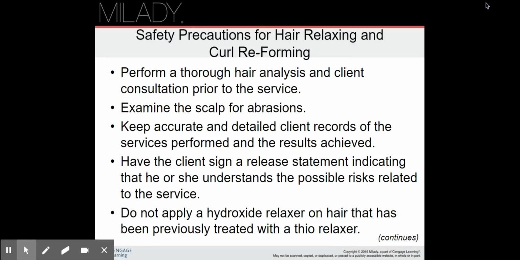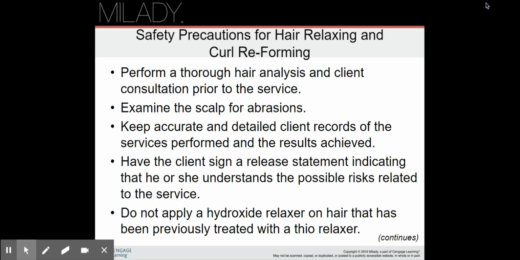Safety precautions for hair relaxing and curl reforming. Perform a thorough hair analysis and client consultation prior to the service. Examine the scalp for abrasions. Keep accurate and detailed client records of the services performed and the results achieved. Have the client sign a release statement indicating that he or she understands the possible risks related to the service.